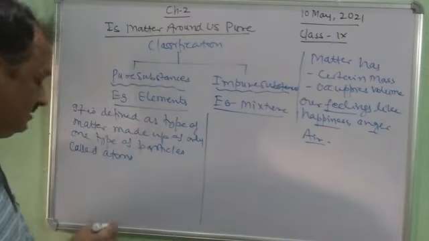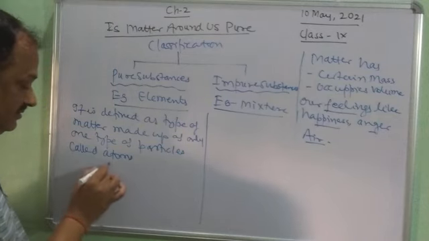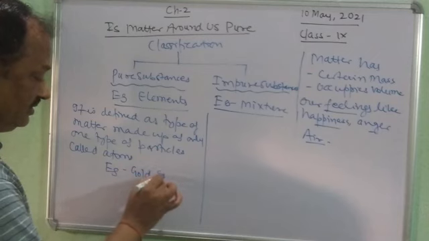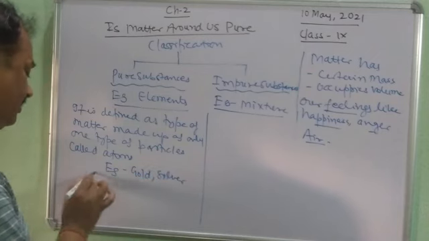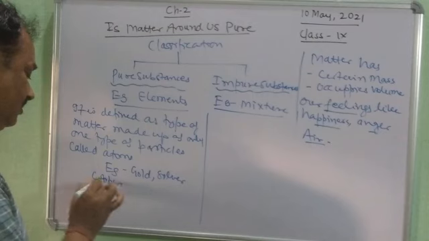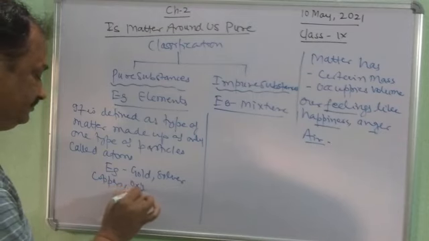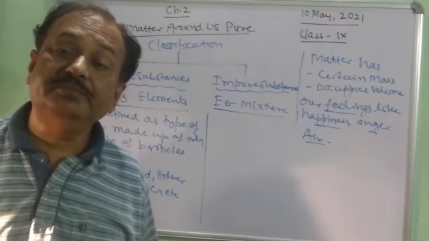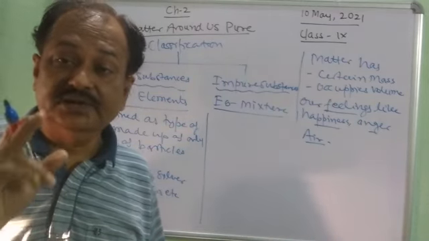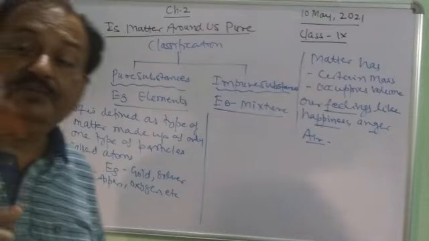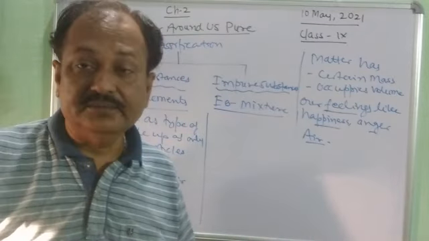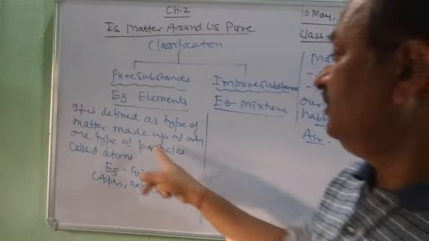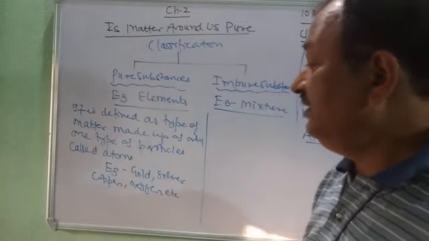Now examples are like gold, silver, copper, oxygen, hydrogen, and many more. They are made up of atoms only. Atoms are the form of matter composed of only one type of particles.